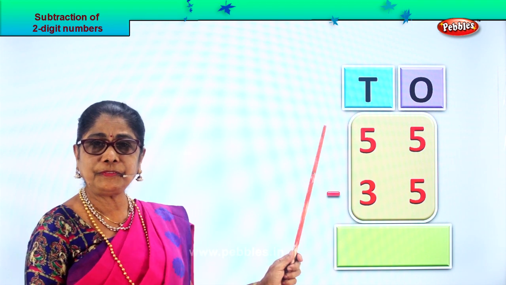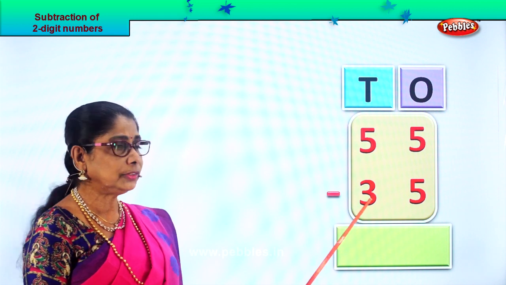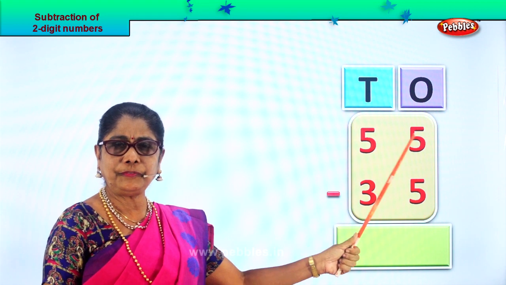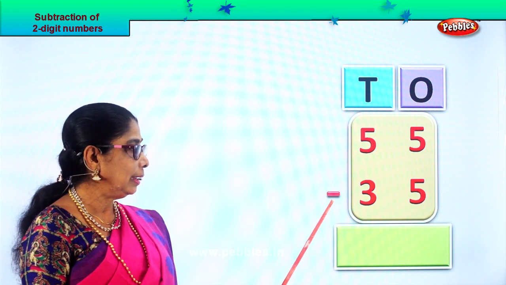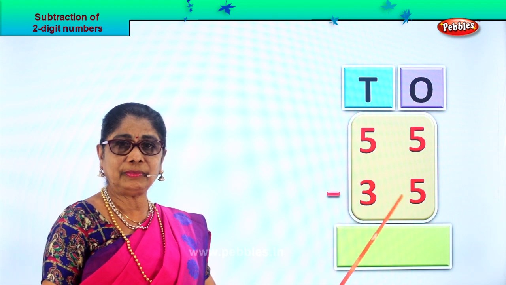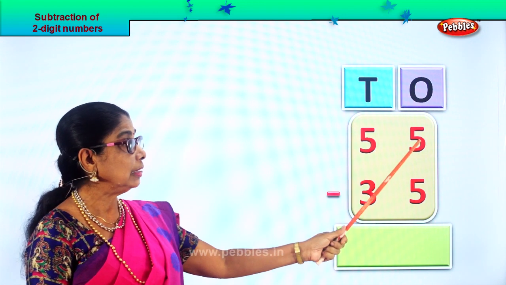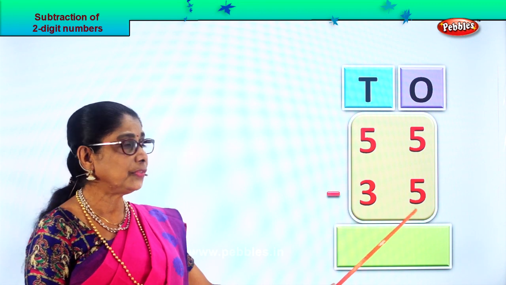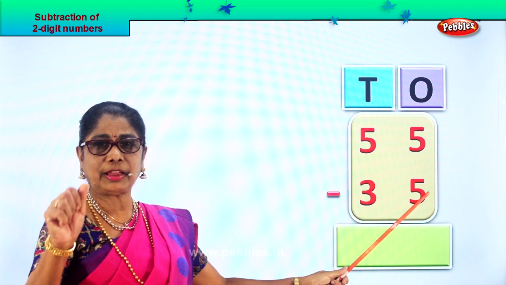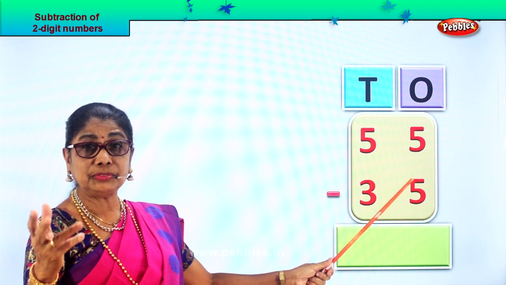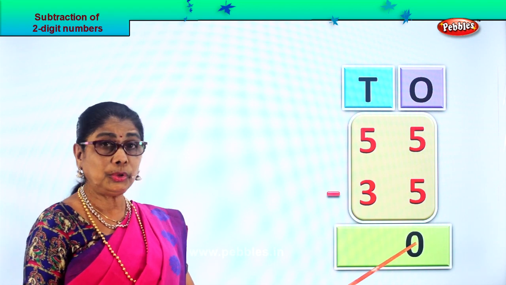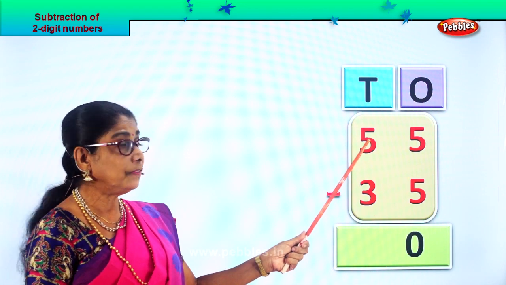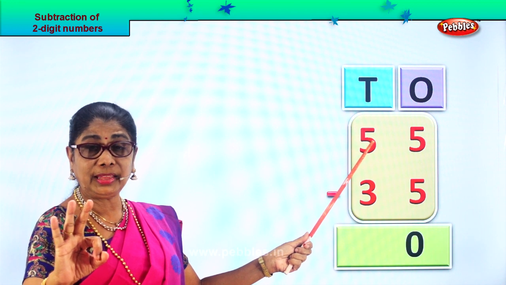Look, 55 minus 35. From 55, take away 35. Let's go to the ones place. 5 minus 5. 5 take away 5 gives you 0. So you put 0 in the ones place. 5 take away 3.